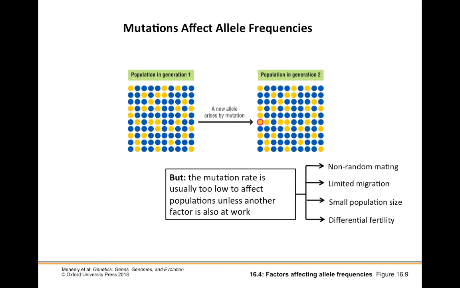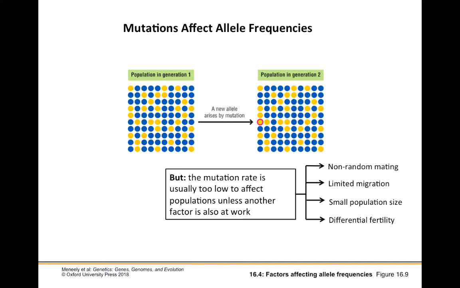So we've already talked about mutations affecting allele frequencies. Generally, mutations don't have much of an impact on populations because they start out at relatively low frequencies, and the probability of fixation, the probability of an allele going from being represented by just one copy to being found in every individual in the population, is equal to the allele frequency at the beginning.